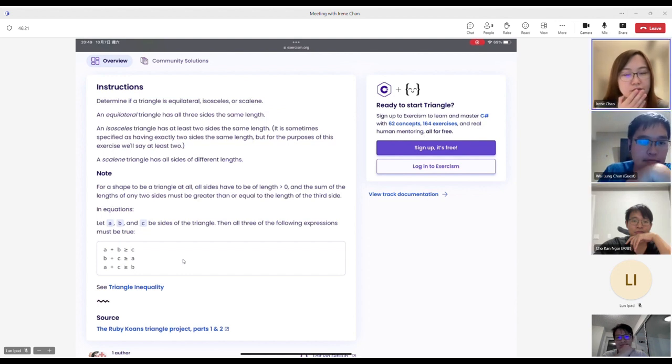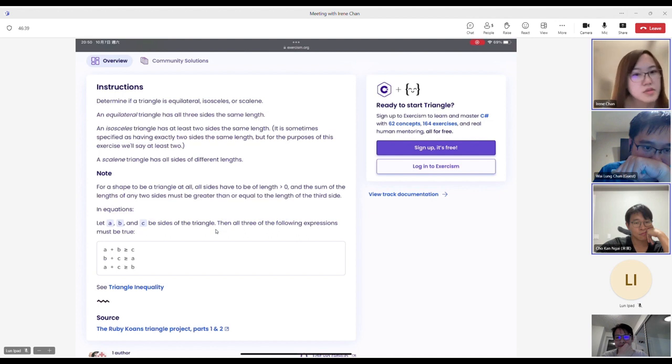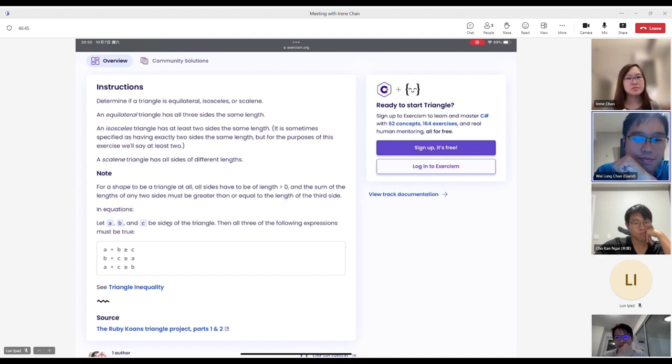So if it is a triangle, then all we need to do is to compare if all 3 sides are equal. Or if 2 sides are equal. Or if it's a scalene, because all sides are different lengths. Maybe anyone want to try this one? I think we can understand this one.